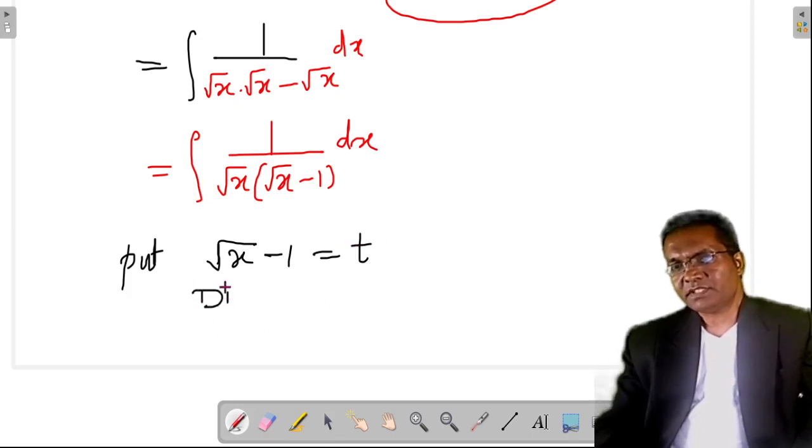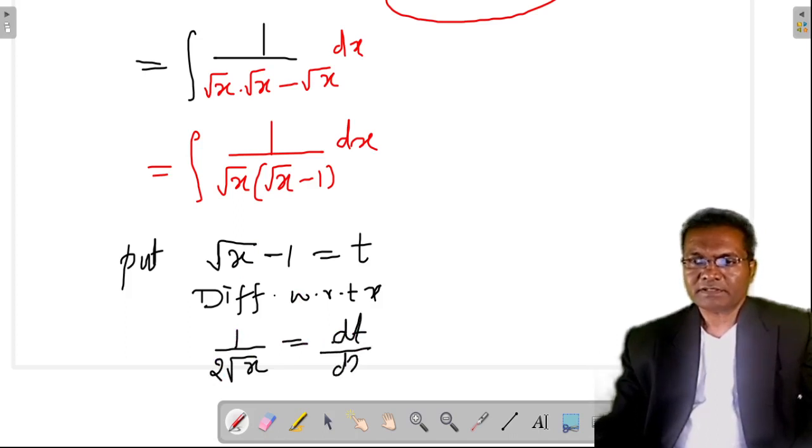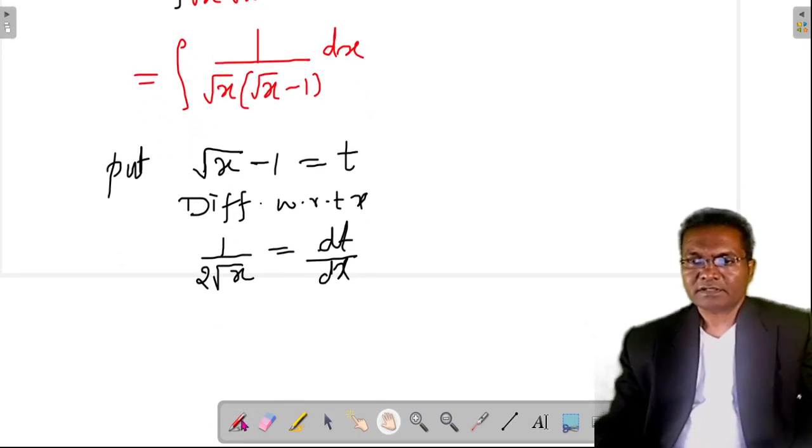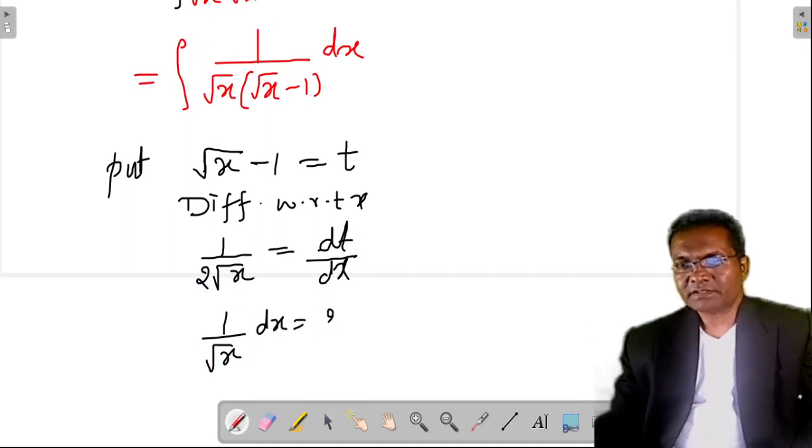So its differentiation will be, if you differentiate with respect to x, derivative of root x is 1 by 2 root x equal to dt by dx. So we have 1 by root x here. So I keep it as 1 by root x, this dx up and to this side.